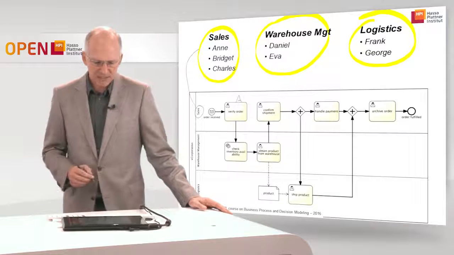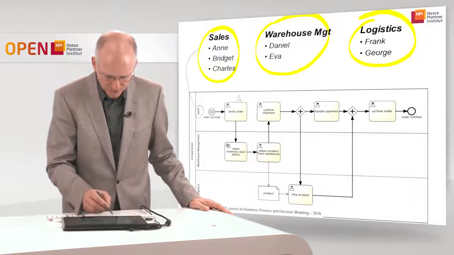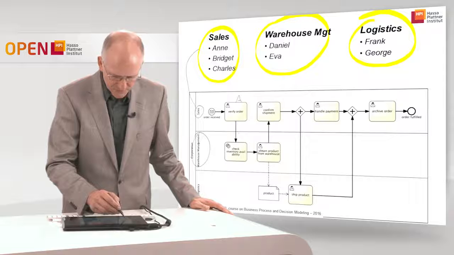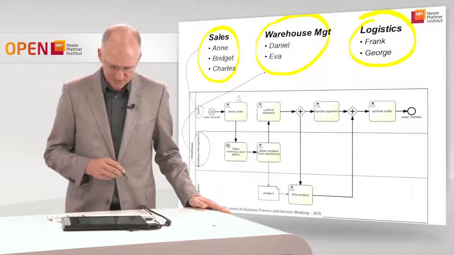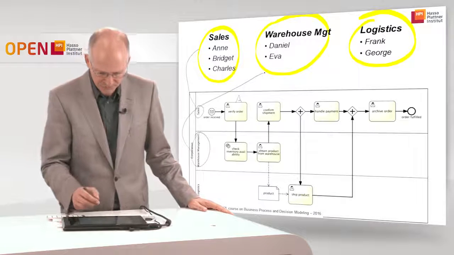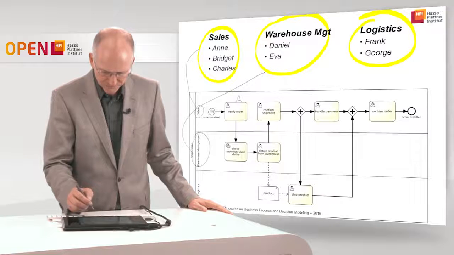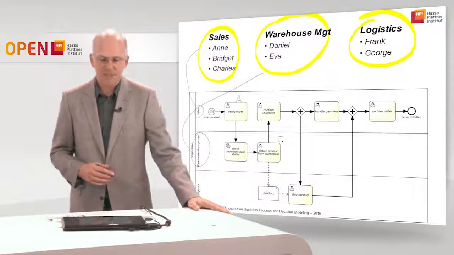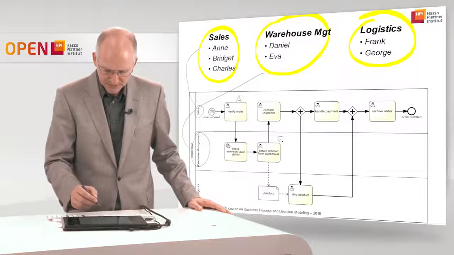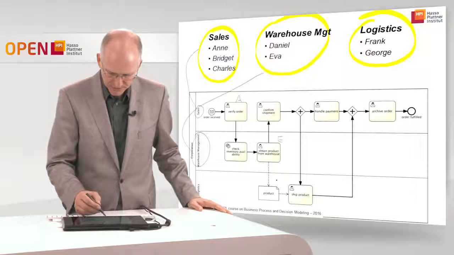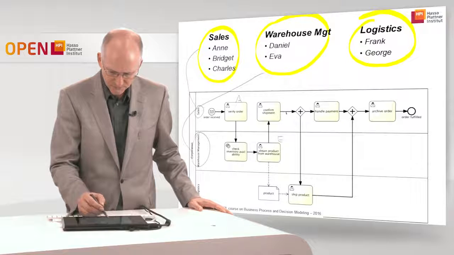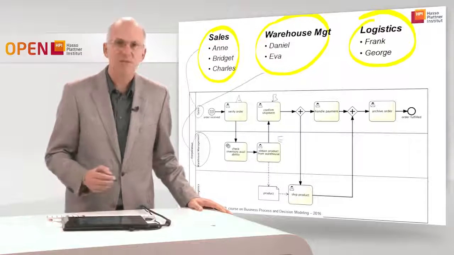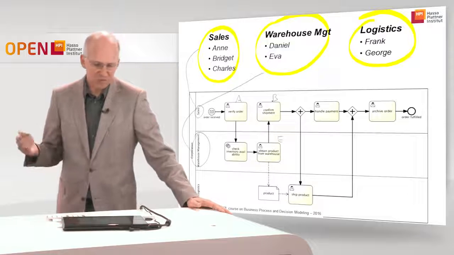So Anne is selected here, then check inventory, then obtain product from warehouse. Here we have the warehouse management, done by Daniel and Eva. There's agreement that Eva should do that. Then the shipment is confirmed, which can be Bridget. Bridget is also a salesperson, so why not?